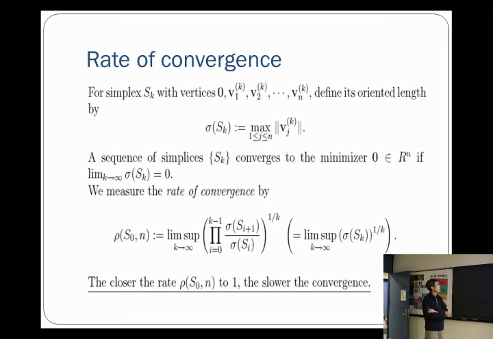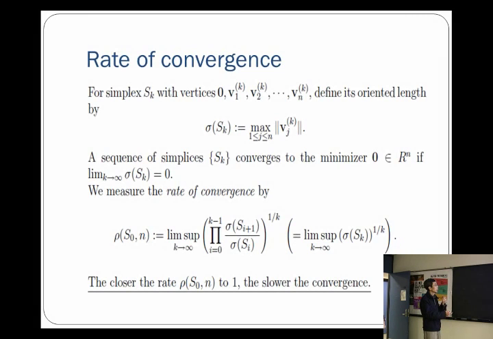So basically, this limit superior is the geometric mean of the reduction in original length per step. We take the geometric mean here. Based on this definition, the closer the rate is to 1, the slower the convergence.